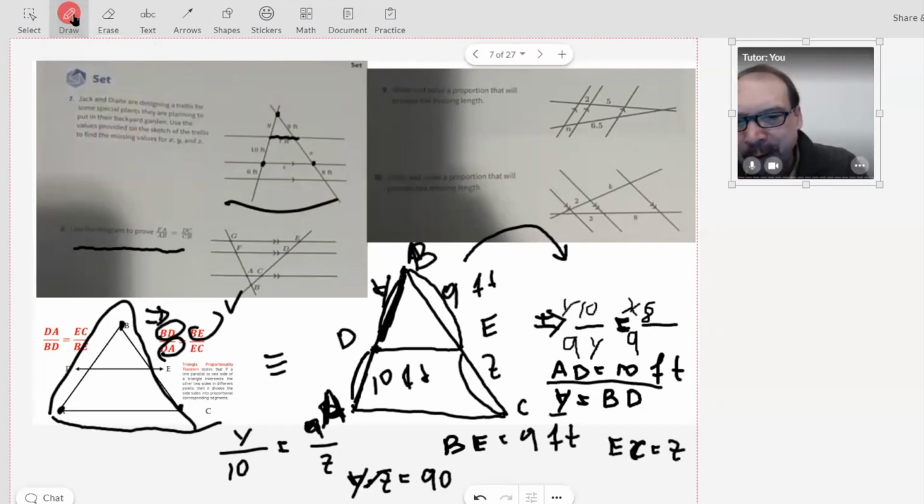For example, I can relate these two sides and these two sides by the relationship. Or I can relate this and this with this and this with this. And if we move on to other pictures, it's exactly the same situation.